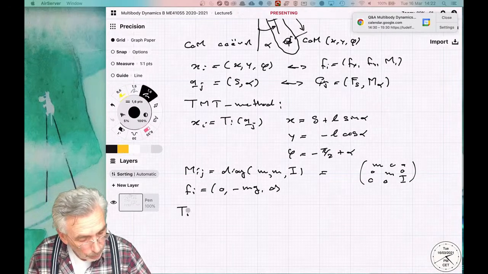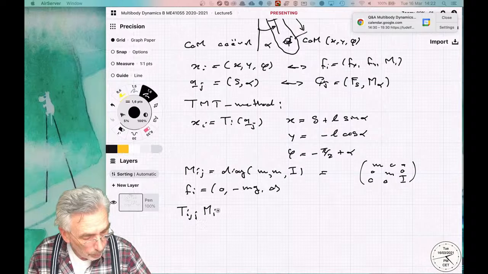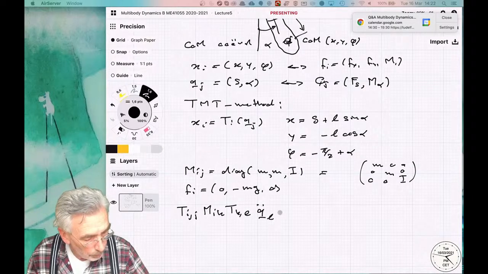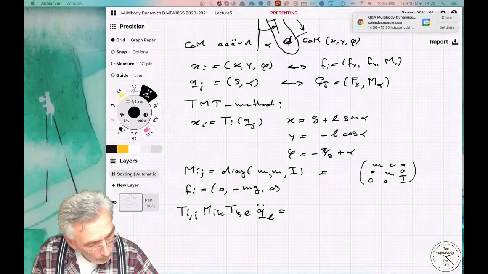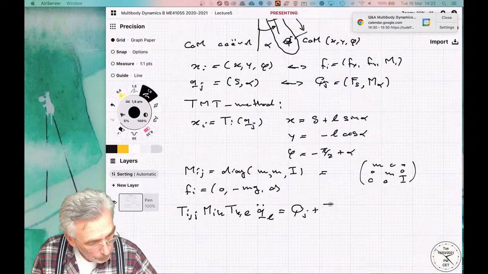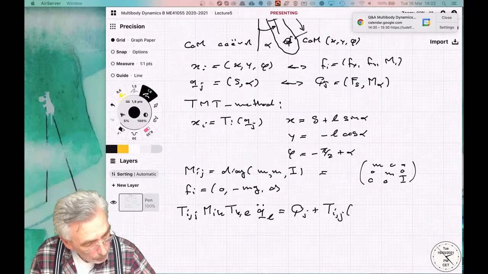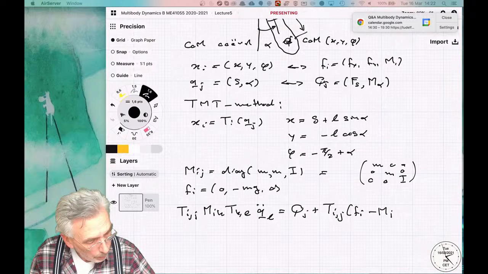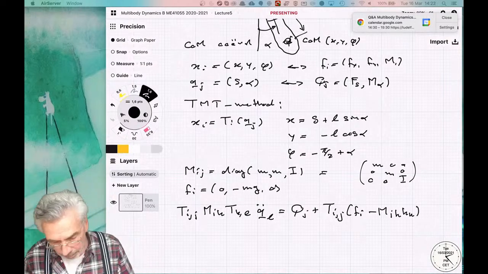So we can write Tij, Mik, Tkl, q double dot l equals these generalized forces plus Tij Fi minus Mik Hk. And Hk I will come back to in a second.